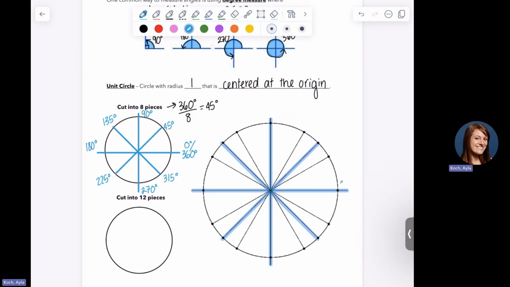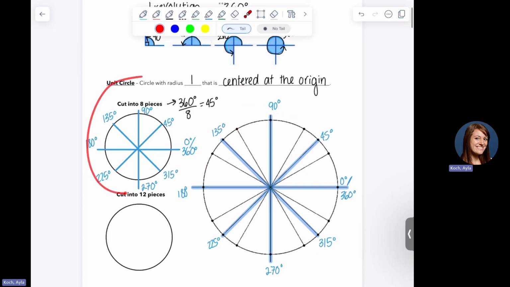So we have 0 degrees slash 360 degrees, 45 degrees, 90 degrees, 135 degrees, 180 degrees, 225 degrees, 270 degrees, 315 degrees. That's splitting the circle into 4 pieces, and then splitting each of those 4 pieces in half again. Now you'll notice some other spokes on here. And how do those spokes get here?